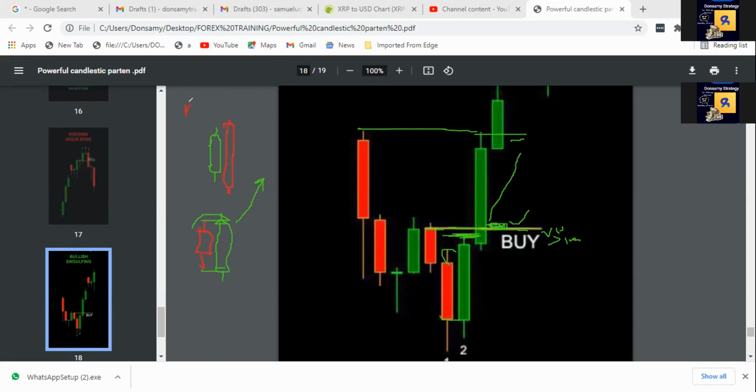This one is what we call bearish. Bear means downtrend. Market is selling. Bearish engulfing. Once you see this and you are making profit already, take your profit.